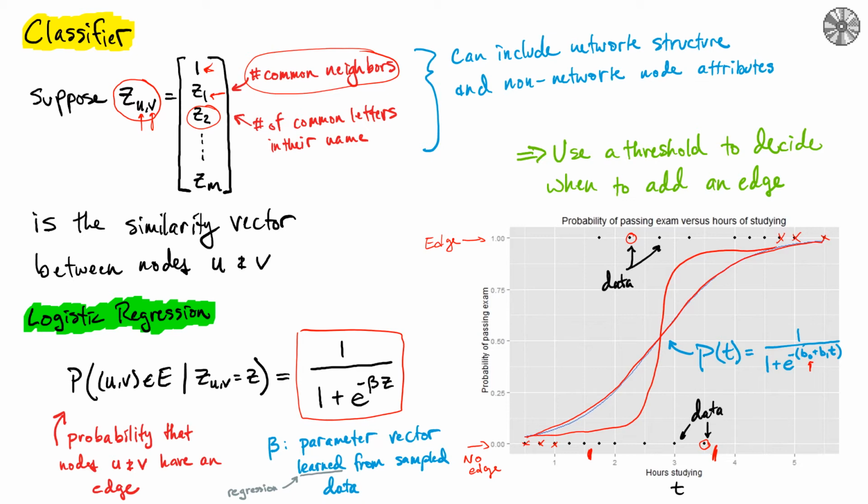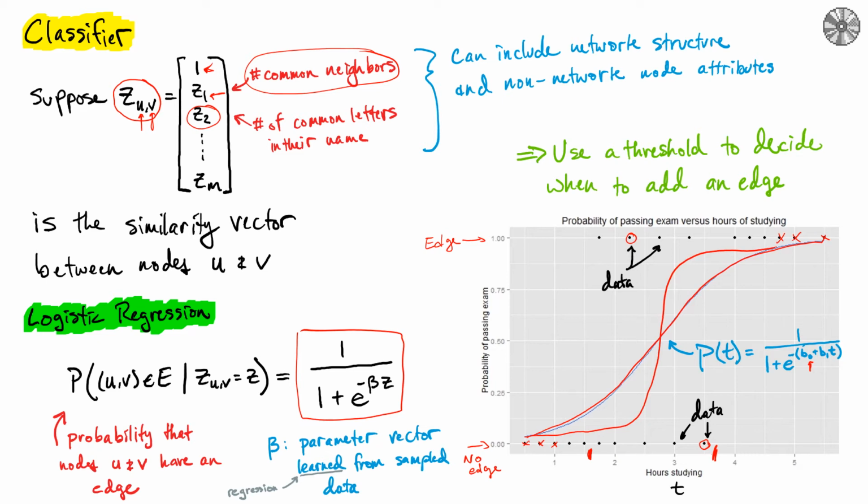So again, we use logistic regression or any kind of regression techniques when there is inherent noise in the data, or when there are alternative explanations that require additional parameters.